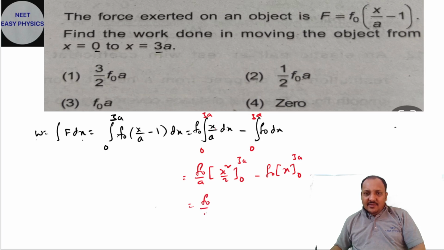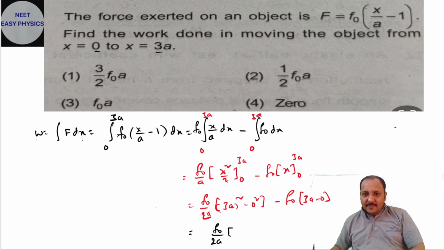Now F naught by 2a, so x square by 2, I wrote here; x square means 3a whole square minus 0 square, minus F naught into 3a minus 0. If you calculate this, F naught by 2a into 9a square minus F naught into 3a.